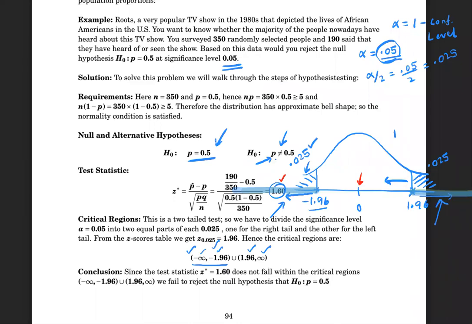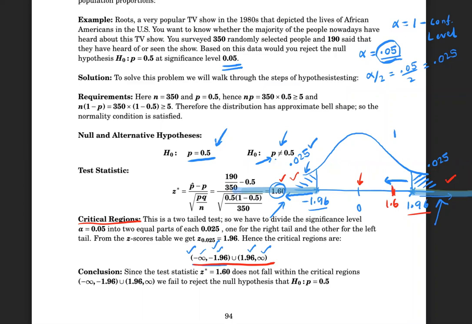Is 1.6 greater than 1.96? The answer is no. So it's going to be somewhere here, 1.6. So 1.6 does not fall either in the right tail, nor does it fall in the left tail. That means it does not fall in the critical region. My critical region, remember, is negative infinity to negative 1.96 and 1.96 to positive infinity. So it does not fall in the critical region.